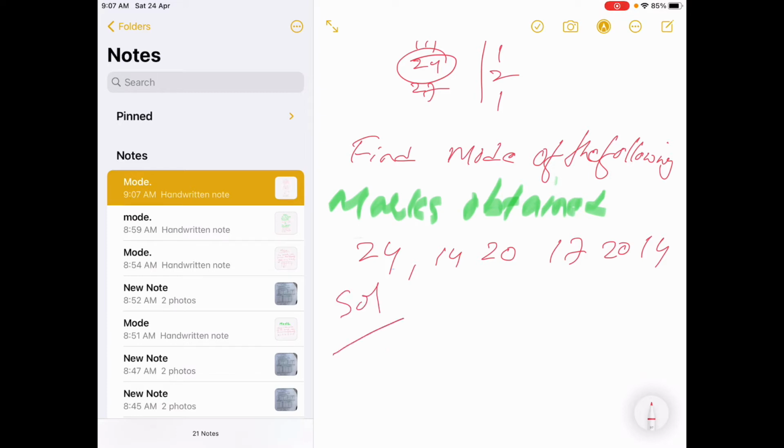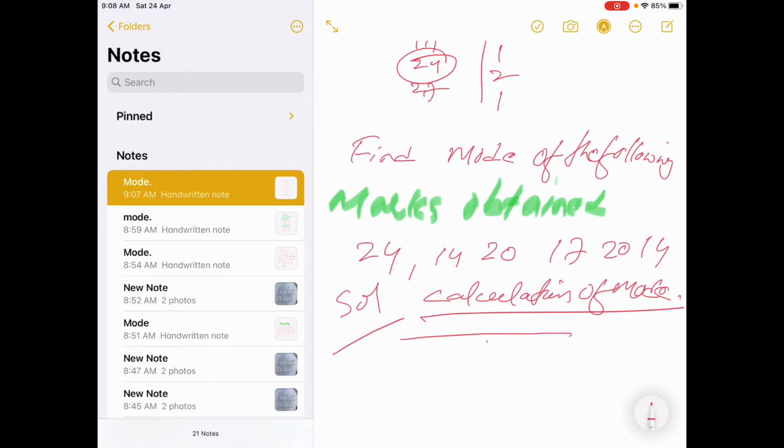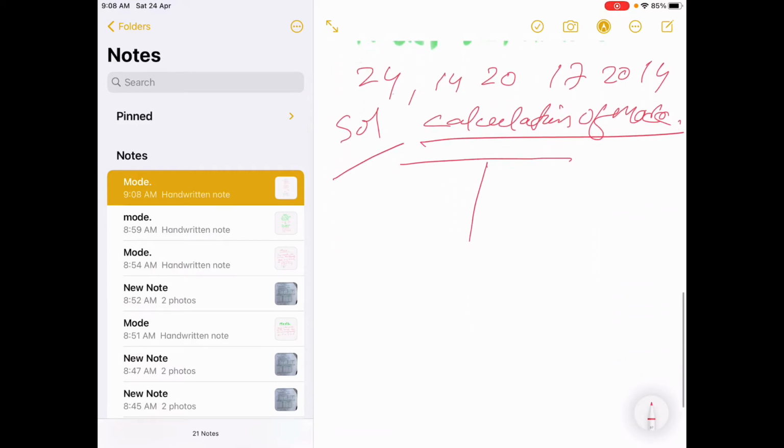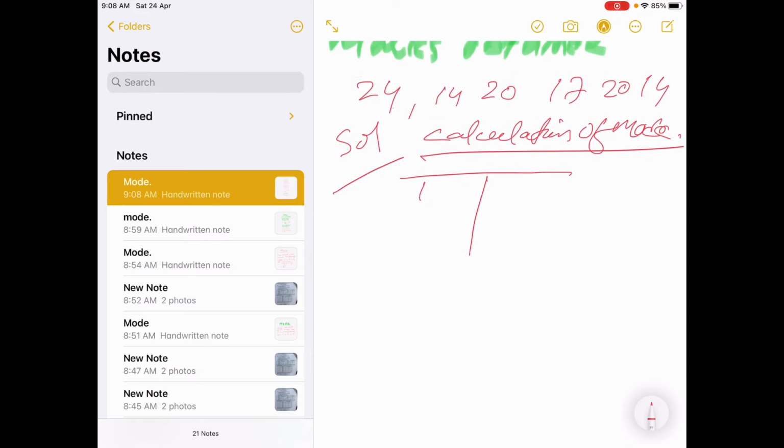Solution: calculation of mode. I'm preparing the table, writing in ascending order. So 14 is the smallest one, then 17, then 20, then 24. 14 is occurring 2 times, 17 is occurring 1 time, 20 is occurring 2 times, and 24 is occurring 1 time.